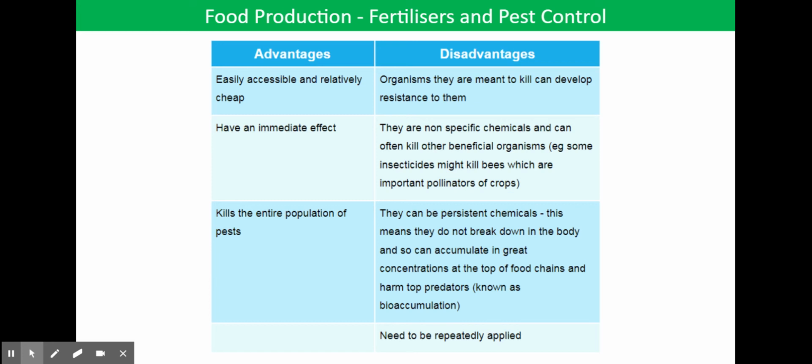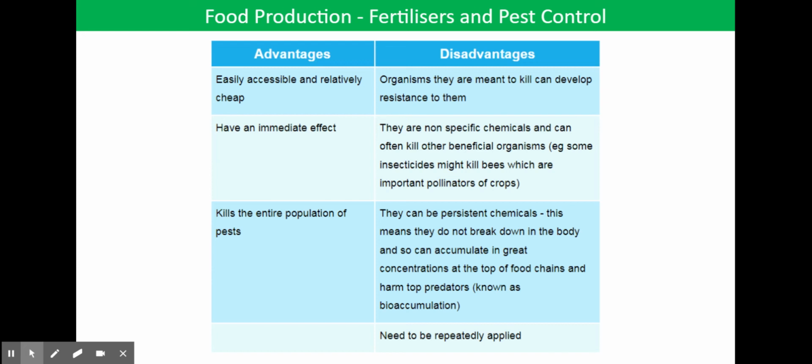They can be persistent chemicals, so it means that they don't break down, and as a result, they can start accumulating in higher and higher concentrations later down the food chain, which can actually end up harming the top predators. And this is known as bioaccumulation.